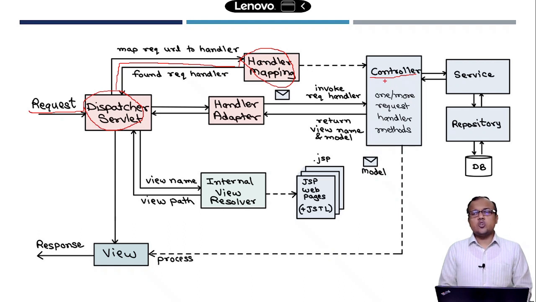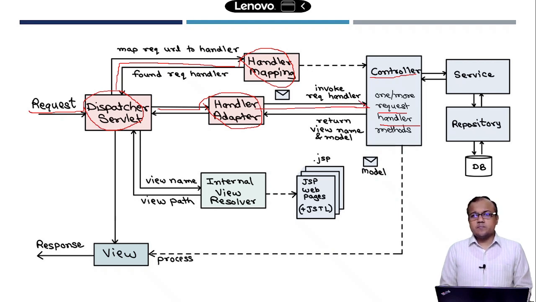Typically, these controller classes are implemented with the stereotype annotation @Controller, and the request handler methods are implemented using the annotation @RequestMapping. Once the method is found, the DispatcherServlet will use the handler adapter bean to invoke that method.